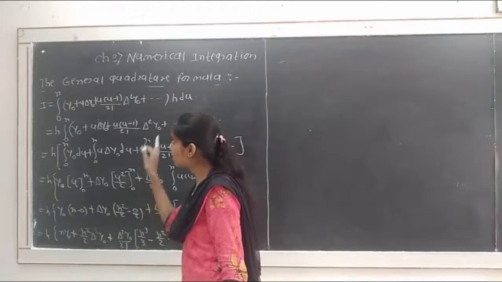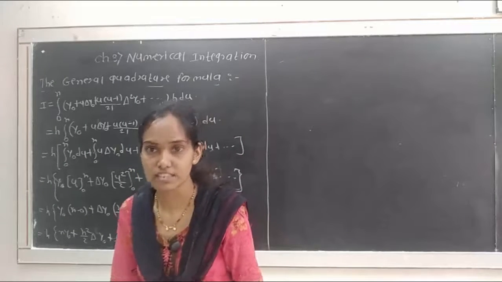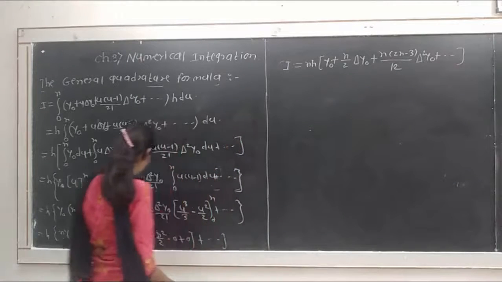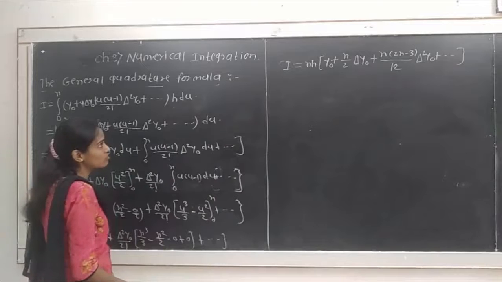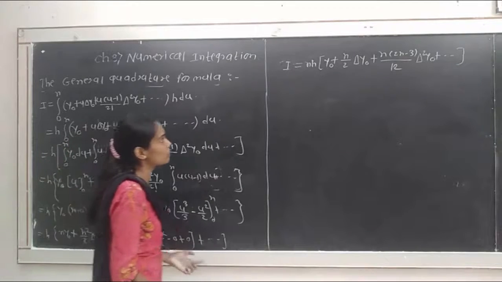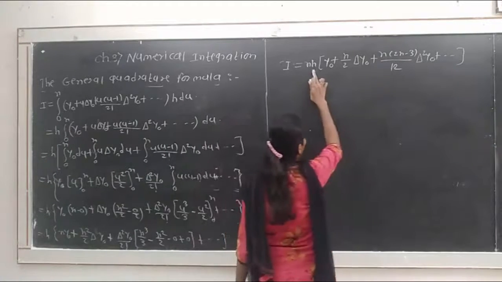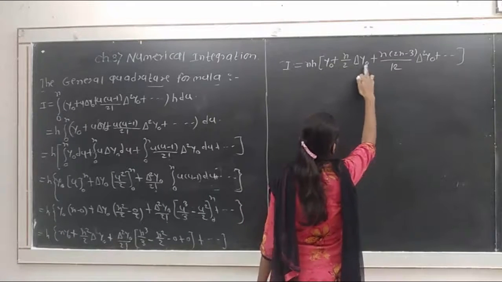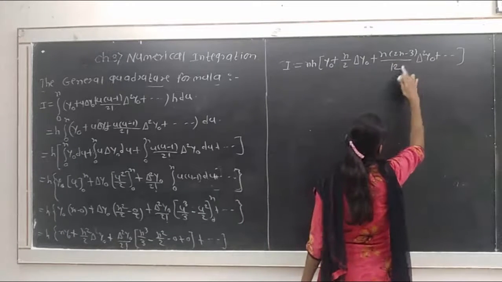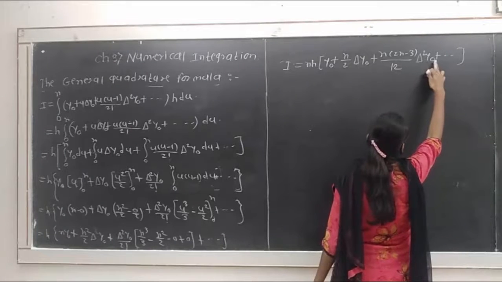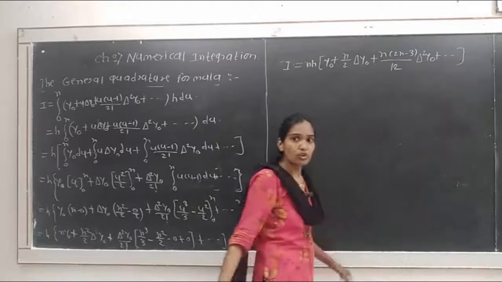By simplifying, we get this formula: I is equal to nh in bracket y0 plus n by 2 delta y0 plus n into 2n minus 3 by 12 into delta square y0 plus so on.